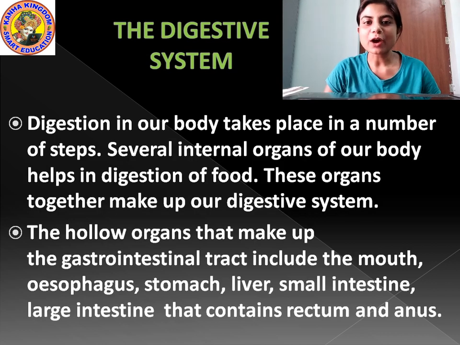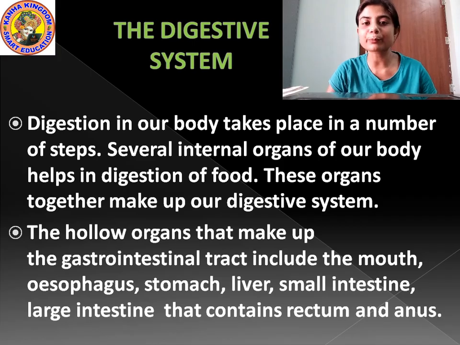So students, now let us begin with the digestive system. Let me read out what is written in the slide. Digestion in our body takes place in a number of steps. Several internal organs of our body help in the digestion of food. These organs together make up our digestive system.